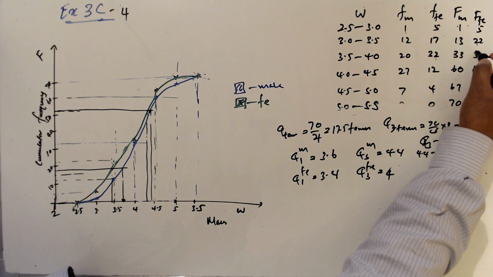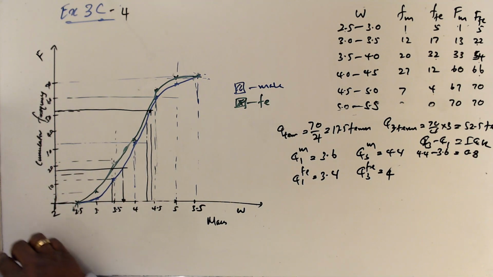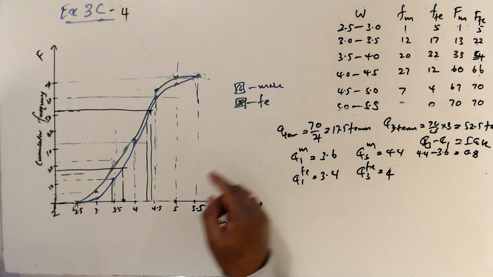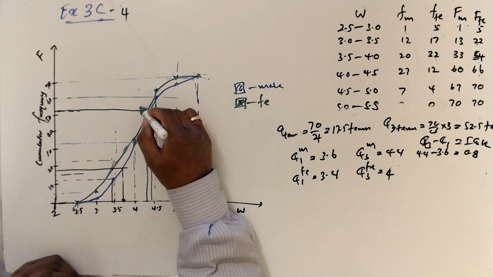This value is 54, so a small correction needs to be done. When it is 4, it has to be 54. It is going somewhere here.